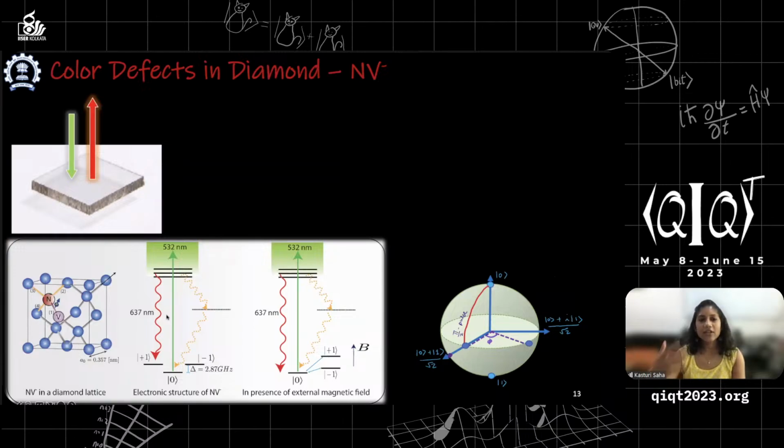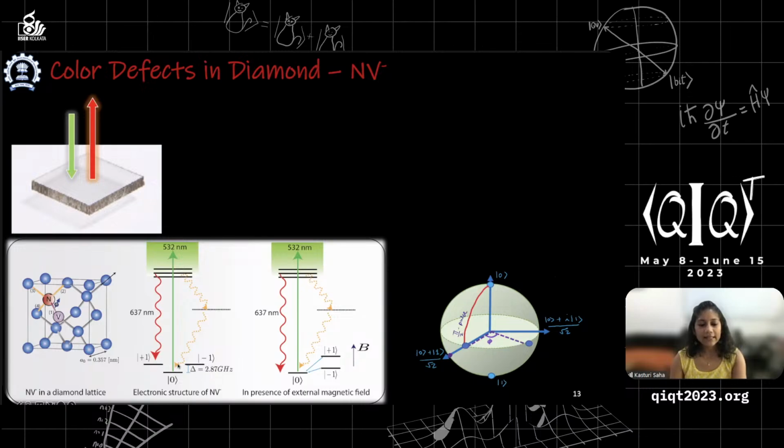It has a fairly large range of emission because of the phonon bands, going from 630 nanometers to almost 750 nanometers and even up to 800 nanometers. But the zero phonon line, the single photon emission band, is at 637 nanometers and 2 nanometers around it.